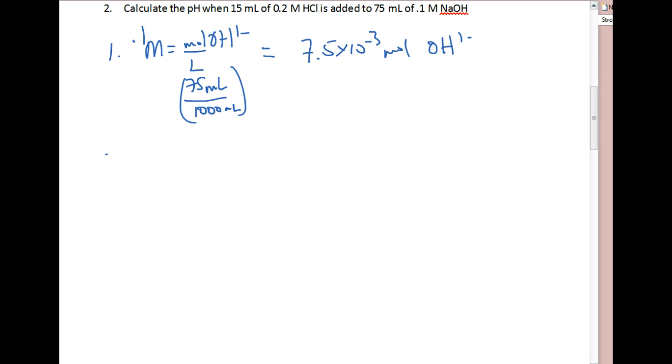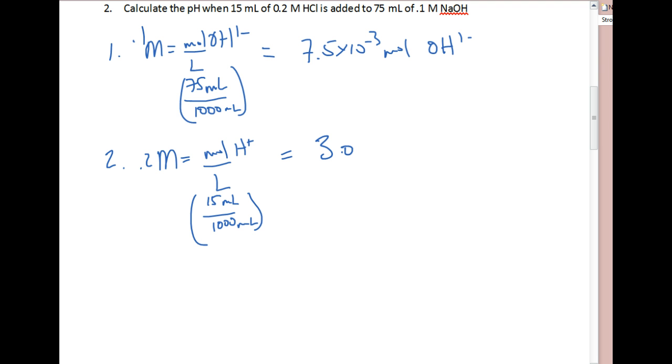Now do the same thing with my hydrogen ions. Molarity equals moles per liter, so I plug in 0.2 molar and 15 milliliters divided by 1,000 milliliters. I get 3.0 times 10 to the negative third moles of hydrogen ions.